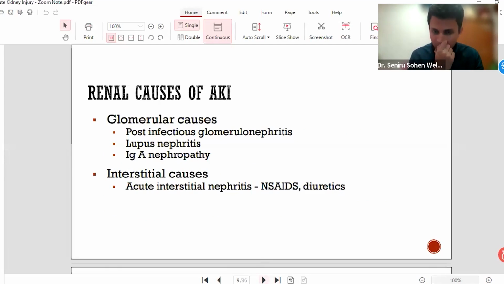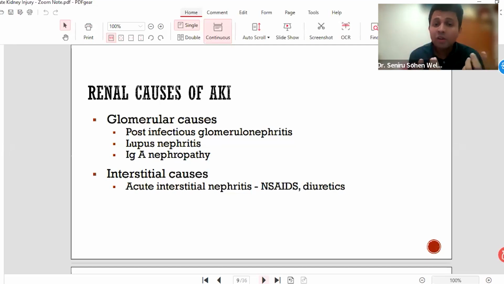glomerular causes. Glomerular causes are broadly classified as glomerular nephritis. You may know that glomerular nephritis can present as a nephritic syndrome or a nephrotic syndrome. Usually when AKI occurs in patients with glomerular causes, they tend to have a nephritic picture.